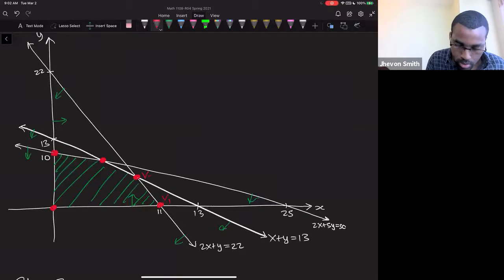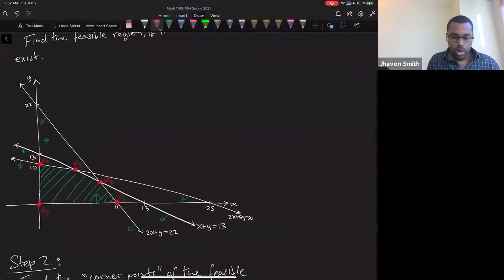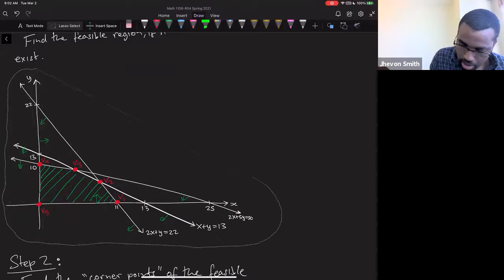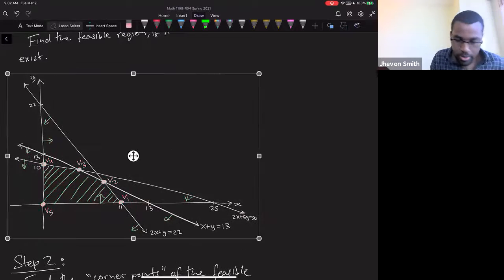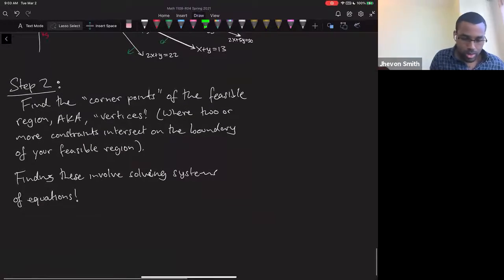Call this V1, V2, V3, V4, V5. And I might want to actually copy this. Now you won't have to draw two diagrams, but I'm going to draw two, one where I fill in the coordinates after. But you won't have to draw two.